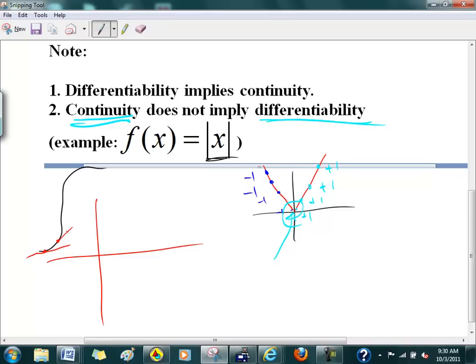How about here? Does it have a slope? Undefined. It's vertical. So if you have a vertical tangent, it's not differentiable. Is it continuous? Yes. I'm done. That's it.